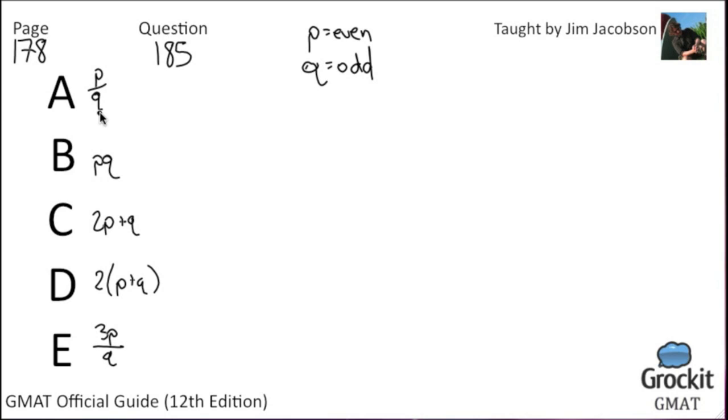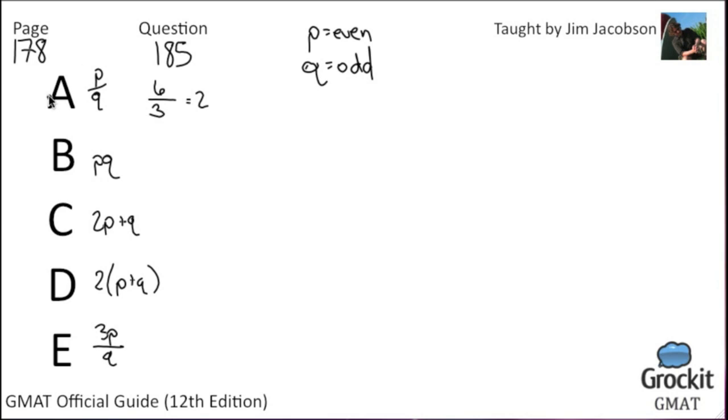Let's choose P over Q. Now, you can pick numbers or you can just reason your way through. P divided by Q, an even number divided by an odd number. If P is a multiple of Q, so let's just say P is 6 and Q is 3, 6/3 would equal 2, which is an even integer.